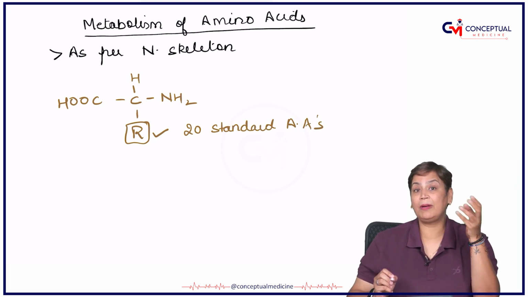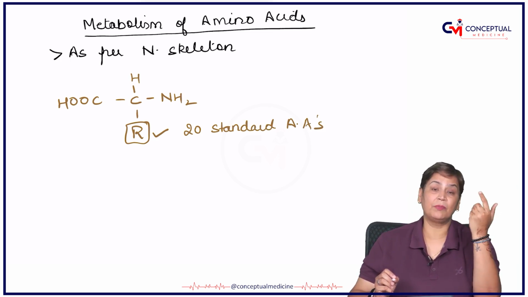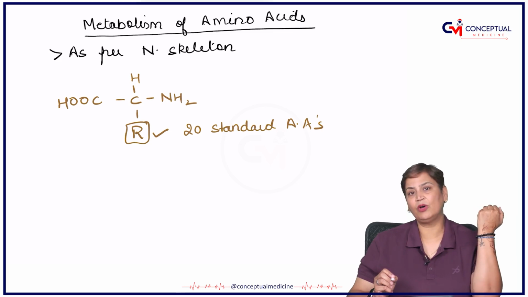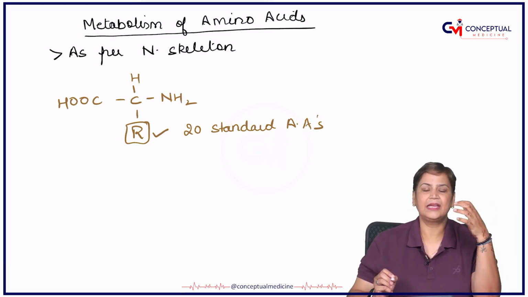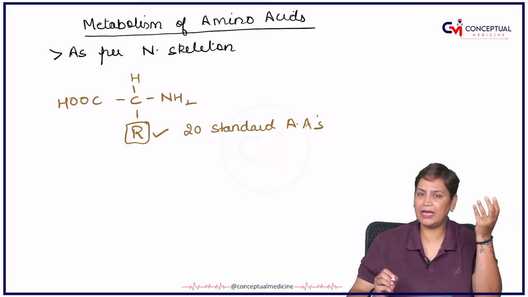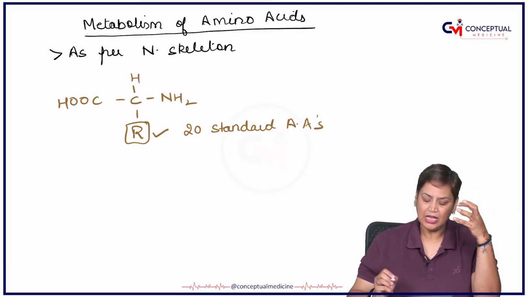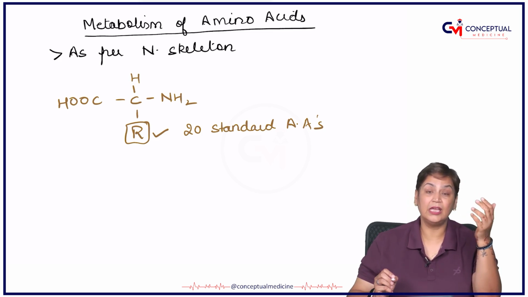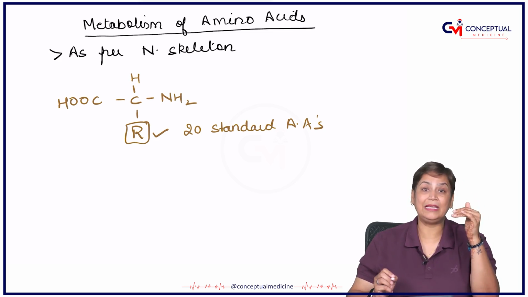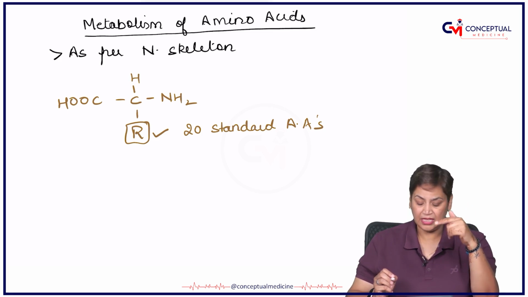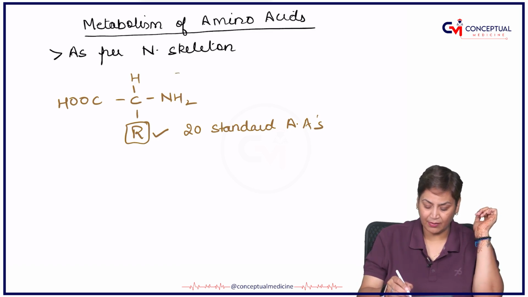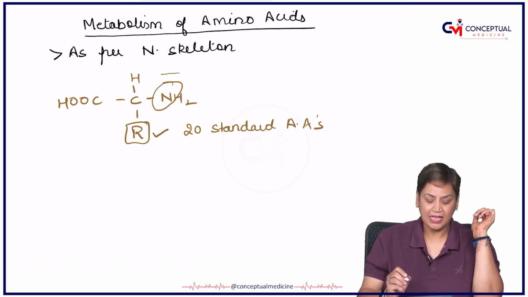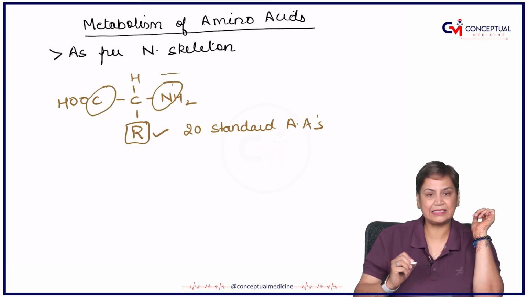If we talk about metabolism, we all know that metabolism comprises two parts: catabolism and anabolism. Catabolism means breakdown of something, anabolism means synthesis of something. Amino acids form proteins, so when the proteins undergo breakdown, they form these amino acids, and the metabolism of these amino acids will be decided as per their nitrogen skeleton and their carbon skeleton.